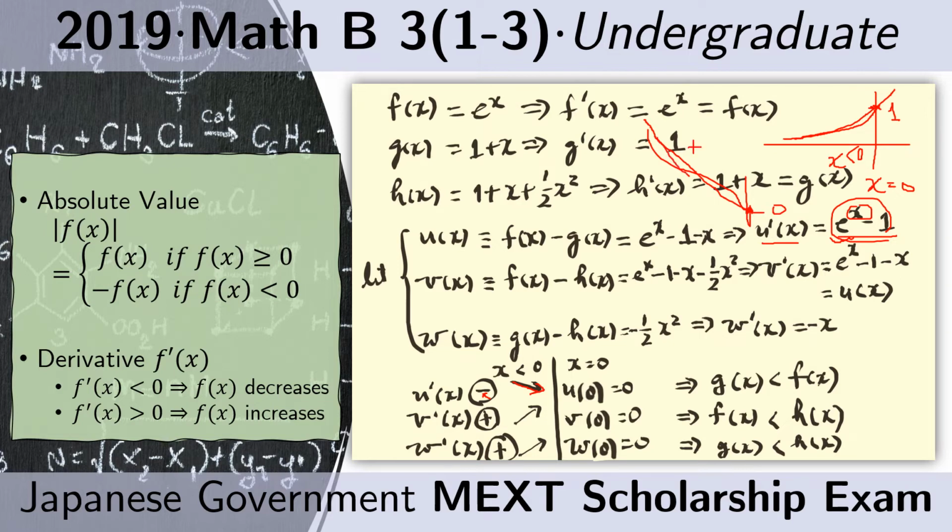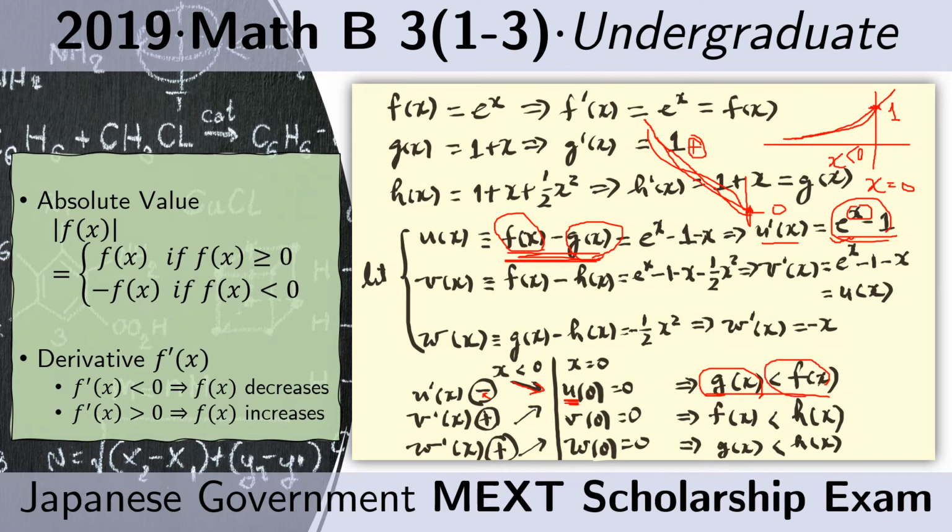Because the only way you can decrease to 0 is if you began somewhere positive, right? And that's why we know that u of x must be positive. And therefore, this value here must be positive, which means that this value must be less than this value. And that's how we got this. We now know that g of x must be less than f of x.